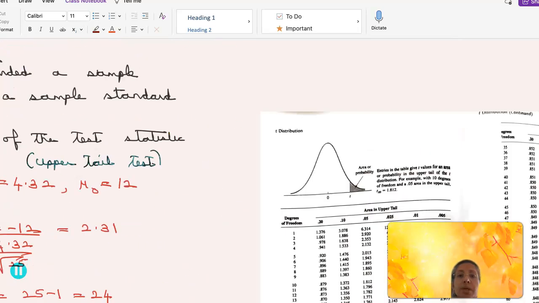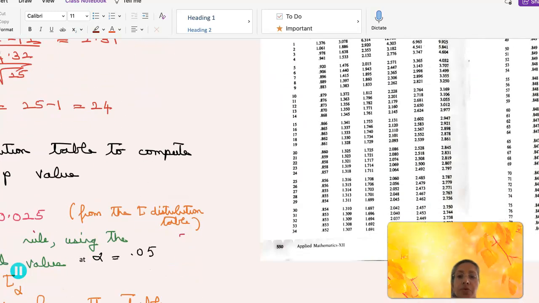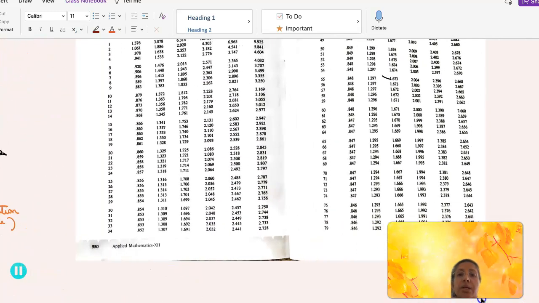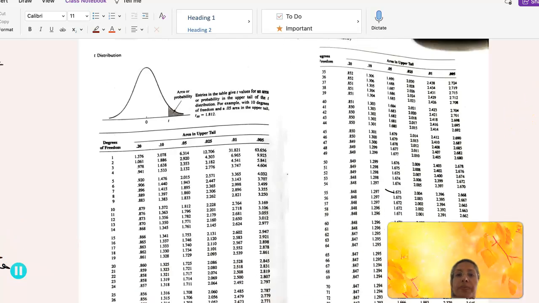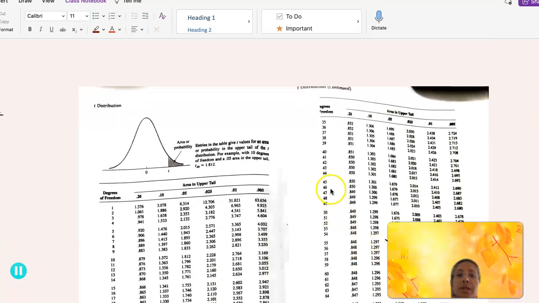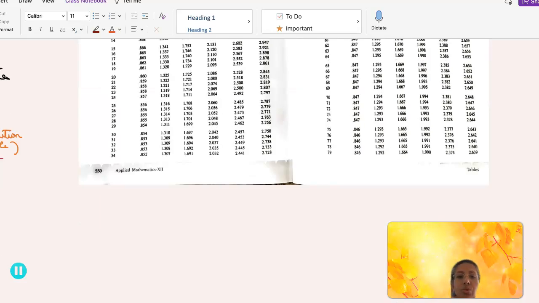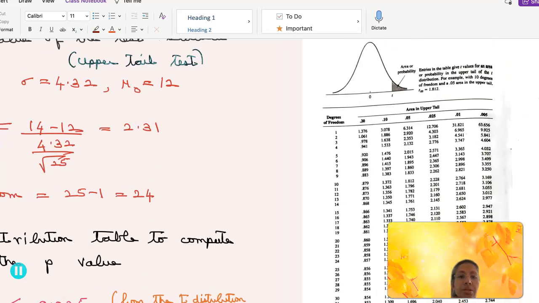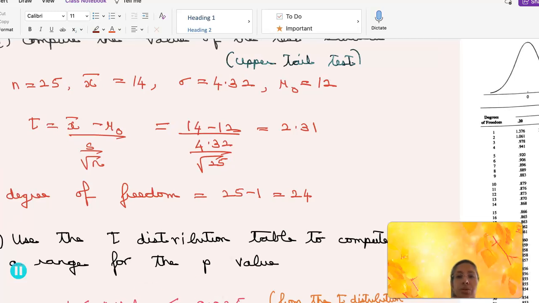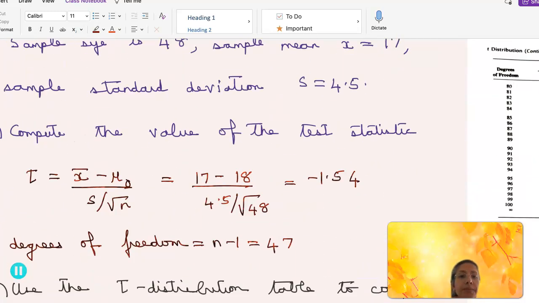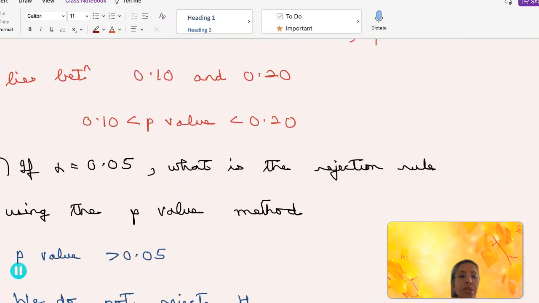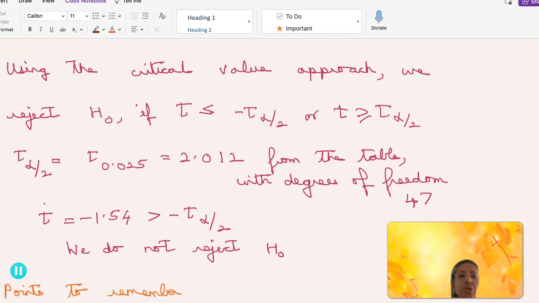So I'm going to scroll up. You have degree of freedom 47 and 0.025. So 47 with 0.025 will give you 2.012. Coming back to the question, t is minus 1.54, that's what you got by your calculation in the first part.